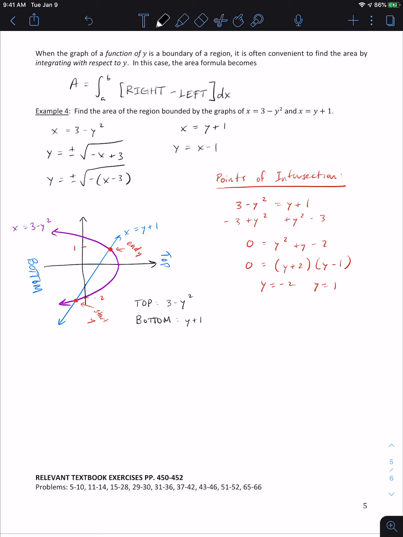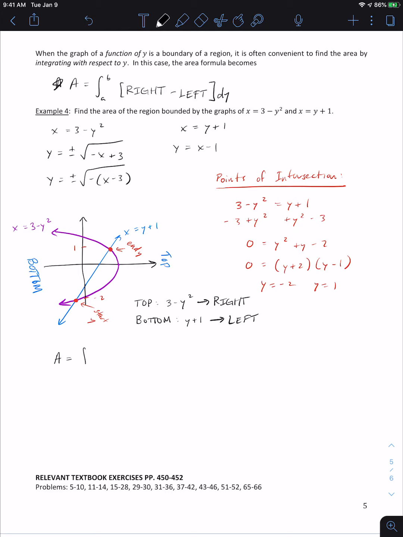Now, if you're not comfortable with that, again, this formula up here that I wrote down and starred, I can think about this in terms of right and left. Whoops, and this should have been in dy, because this is when things are in terms of y. So if I'm looking at this function, I'm going to start again at this y value negative 2, go up to the y value 1, and I do right and left function. The right function, the far right function, is again the 3 minus y squared. So again, this is still my right function, and this is going to be my left function. So it's the same formula here because right is the one just like top, the first one, and left just like bottom is the second one.